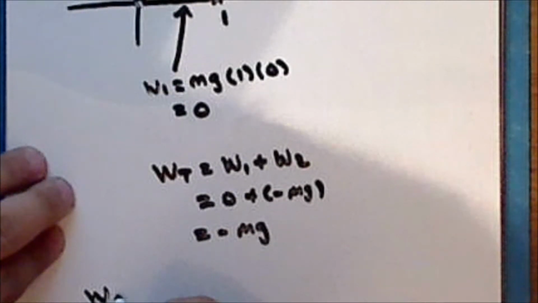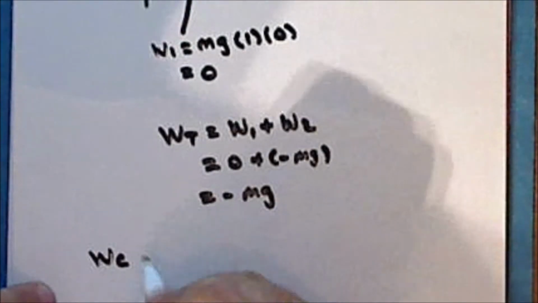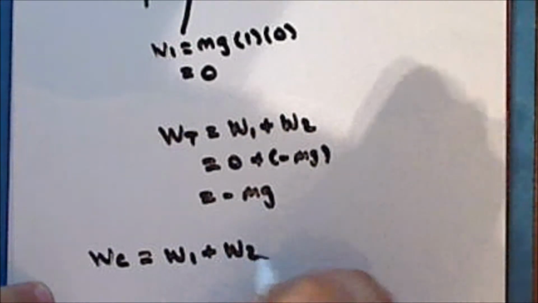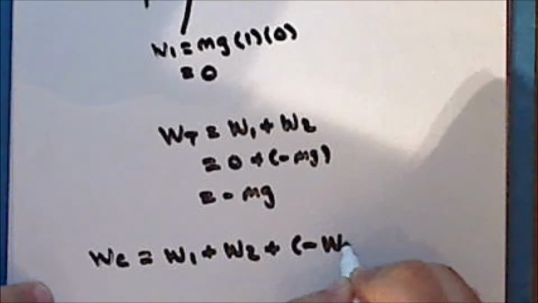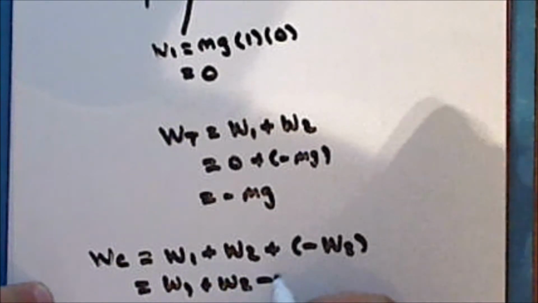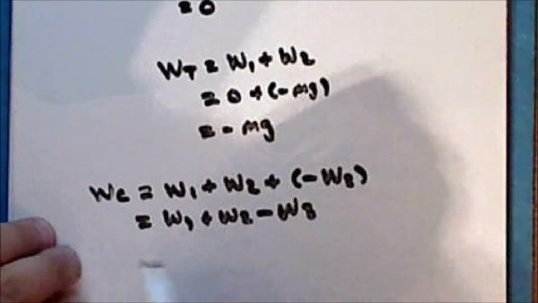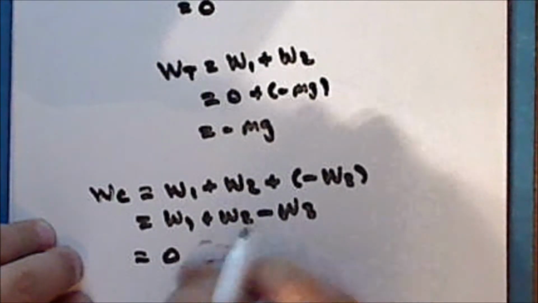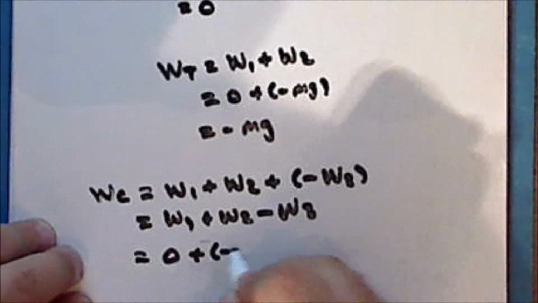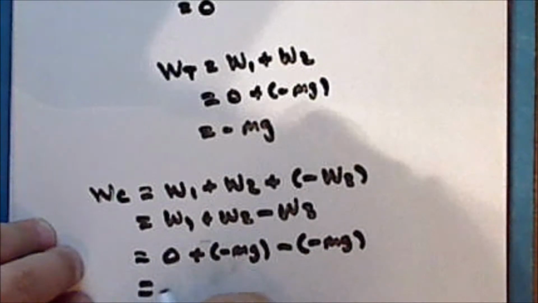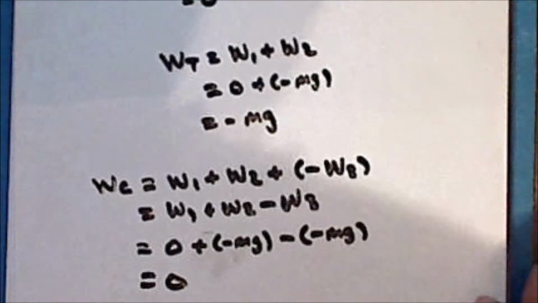Then the work done on this closed path, the sum of W1 and W2 and the negative of W3, or W1 plus W2 minus W3, which is 0 plus the negative of mg minus the negative of mg, which is 0. So the work done along the closed path is 0.